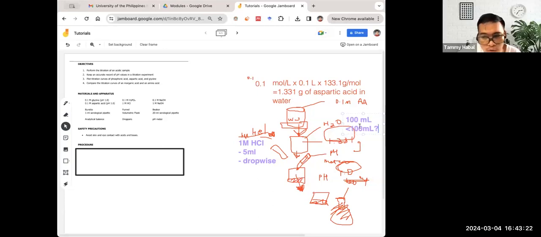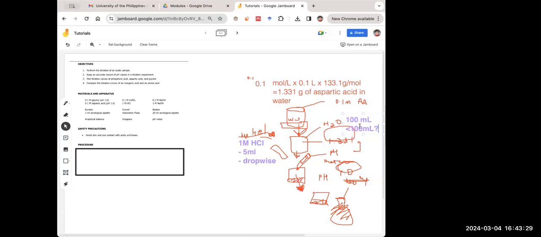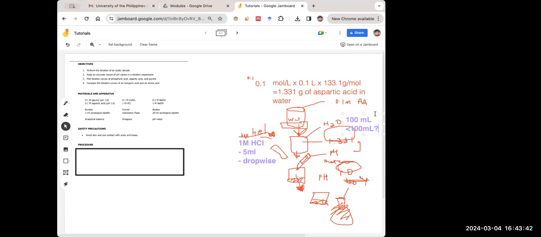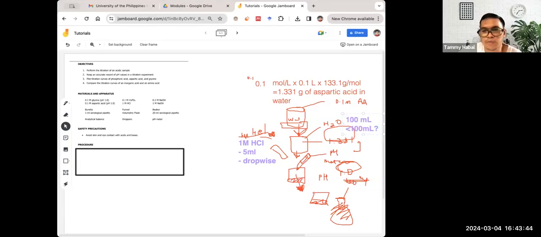No. Okay, I have a clue for you. What's the volume of your volumetric flask? 100 ml. So if you dissolve your protein in greater than 100 ml, what would happen with your solution? Well, first, it's going to go over the flask. Oh, gosh. Correct. So it's more of a common sense question. So based on our discussion, how much water should you dissolve your protein with?